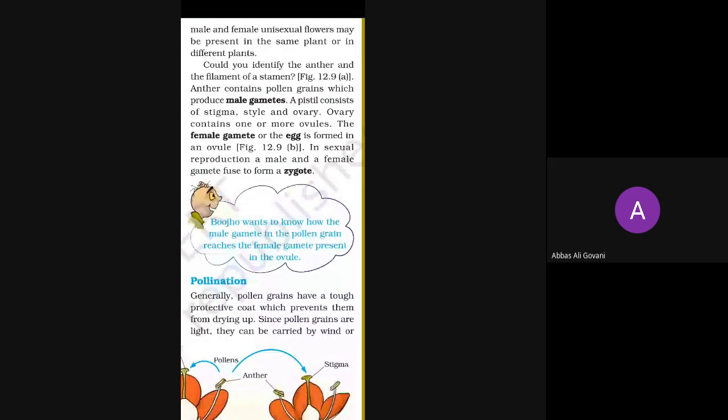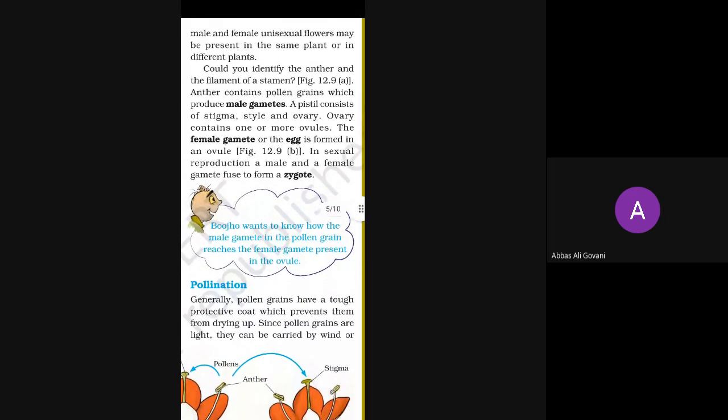The female gamete or egg is formed in ovule. 12.9b. In sexual reproduction, a male and a female gamete fuse to form a zygote. So that is a zygote.